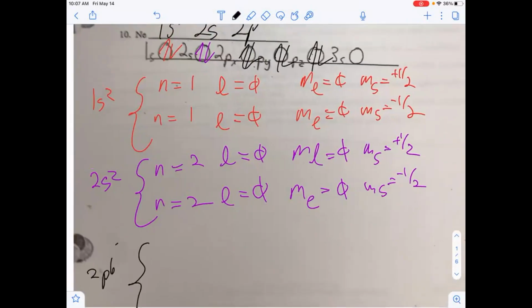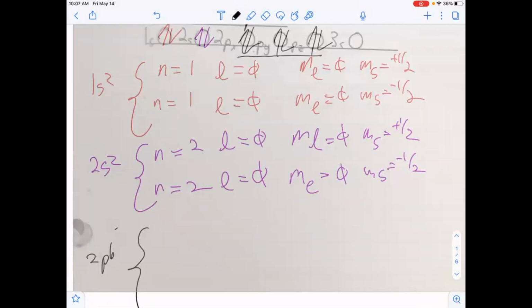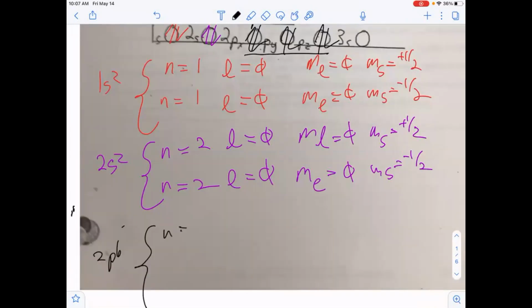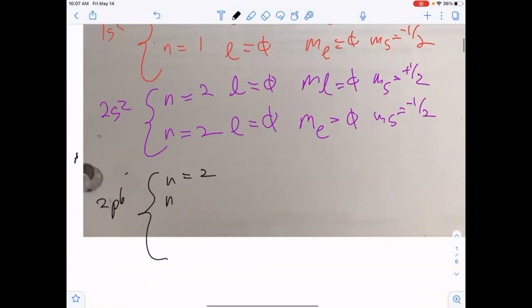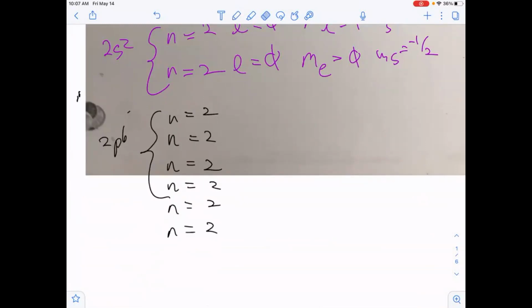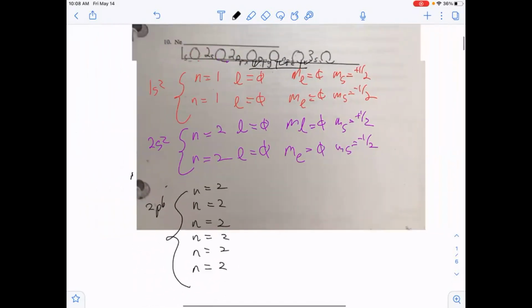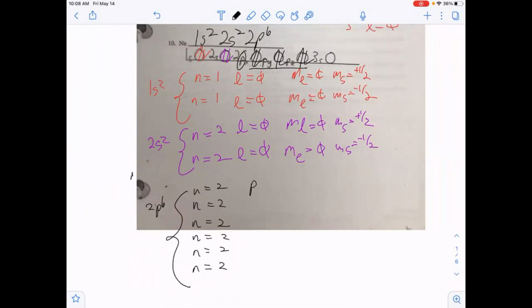But for this one, the p's, they're all in the second energy level. So there's 6 of them. So there are 6 electrons. Now they're in the p, right? So if they're in the p level, what's my L value? 1.